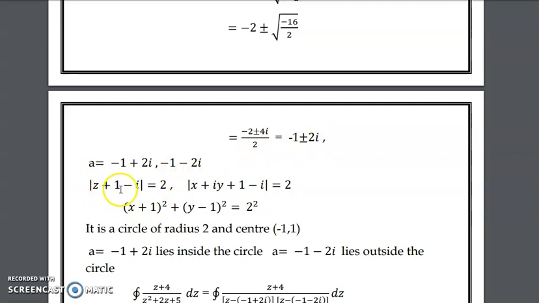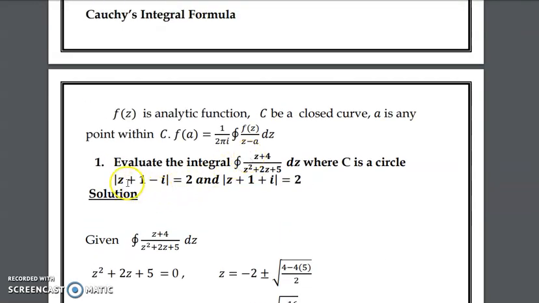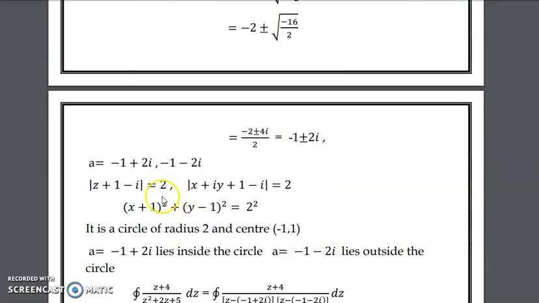So modulus of z plus 1 minus i equal to 2. Here is the given circle. Replace z with x plus iy. So x plus iy plus 1 minus i equal to 2. Write the real part and imaginary part: modulus of x plus 1 plus y minus 1 into i equal to 2.